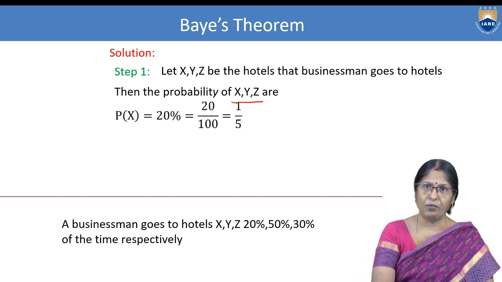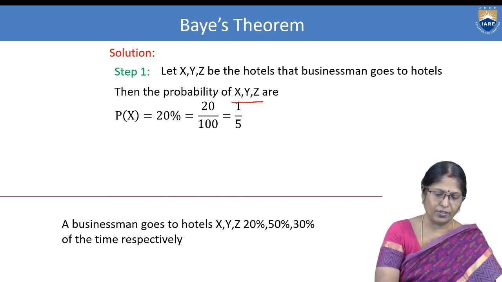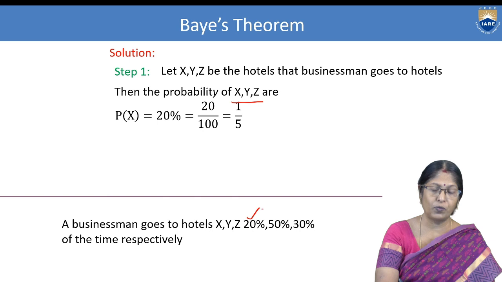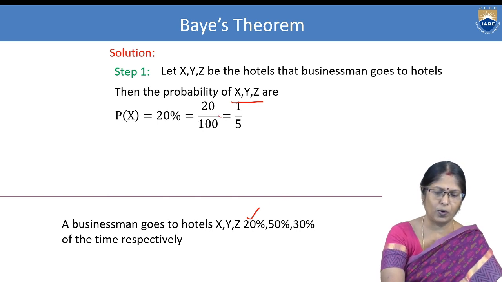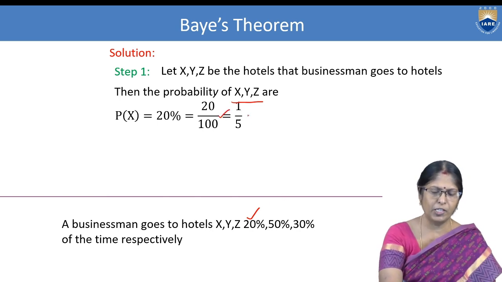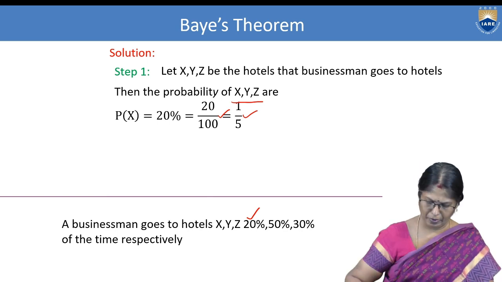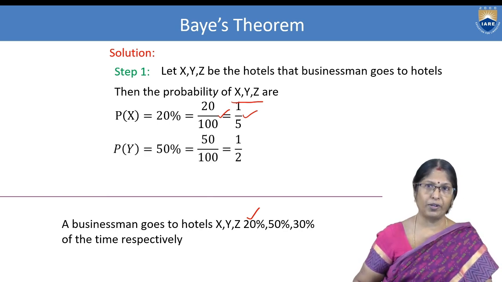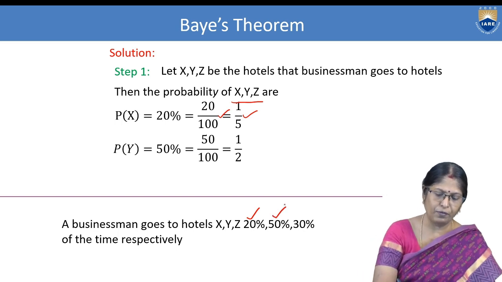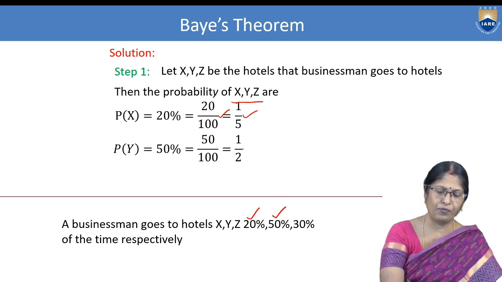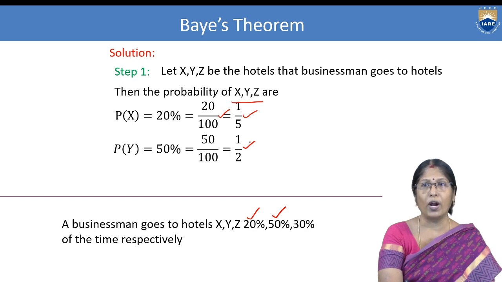Probability of X is 20%, 20 by 100. Simplification we did, we got 1 by 5. Next, probability of Y, it's nothing but 50%. So 50 by 100 equals 1 by 2.